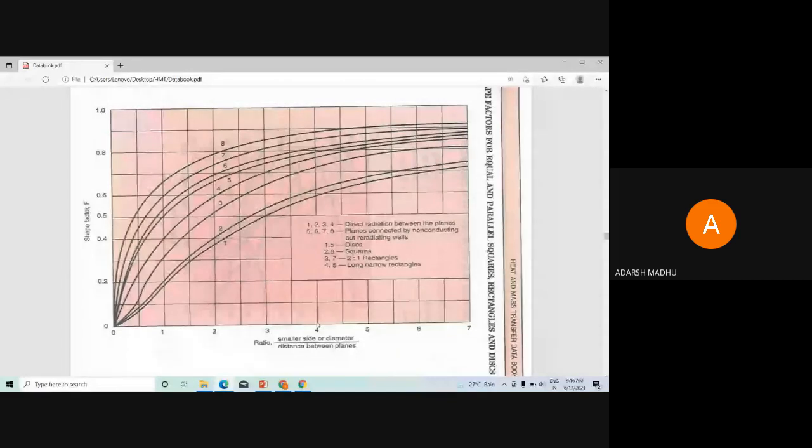If two discs or two rectangles or squares are placed parallel at a particular distance, we take the smaller side. If it is a square, it is the same side. We take the smaller side or the small diameter of the figure divided by the distance between the planes as the x-axis value, and thereafter there are many curves.